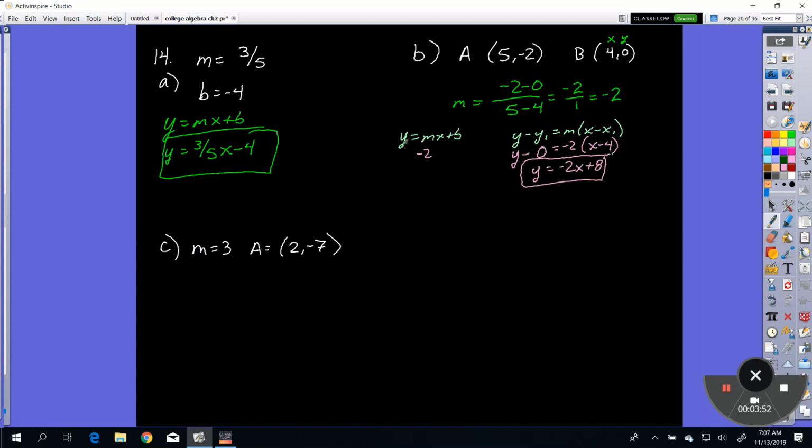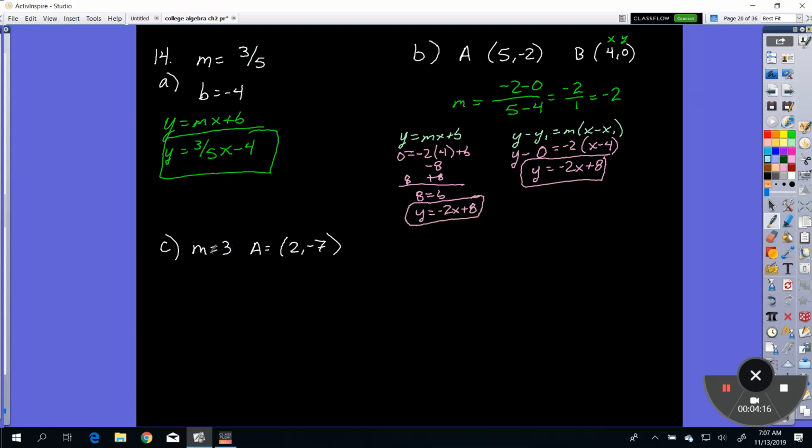If I use the other equation and plug in the y over here, that's 0. The x is 4 plus b. So -2 times 4 is -8. To get rid of the -8, I add 8 to each side. So 8 equals b. So y equals -2x plus 8. So either way, you get the same equation, same answer at the end.